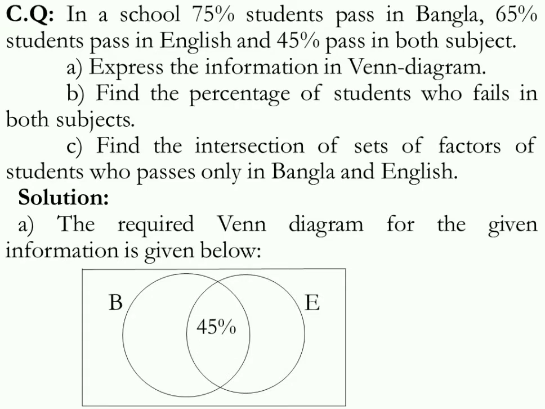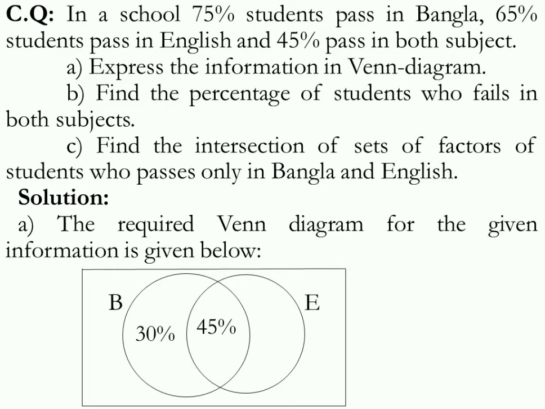Then let us put the percentage of students who pass in Bangla. In the total circle of Bangla it should be 75. Already we can see that in the common portion it is 45%. So how many percent left? 75 minus 45 remains 30%. That should be in this portion, that is 30% passed in Bangla only.